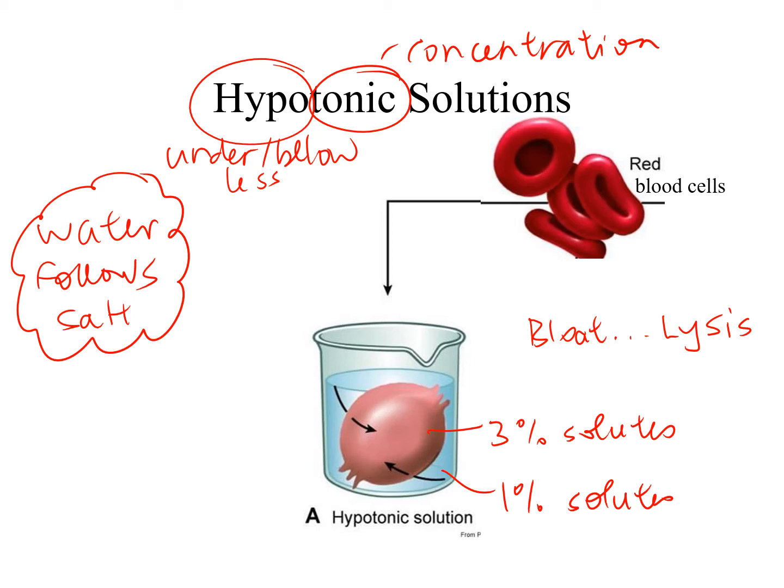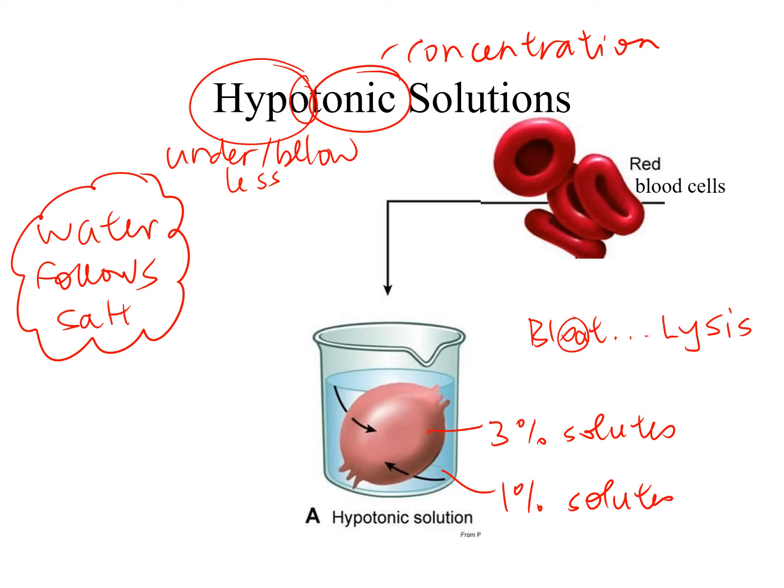If you have trouble remembering this, remember that hypo has an O, bloat has an O. Okay, so that may help you remember that cells in hypotonic solutions will bloat. I've also had students share this in the past. Hypo sounds like hippo, and of course hippos are big, so hypotonic solutions will make your cells increase in size.